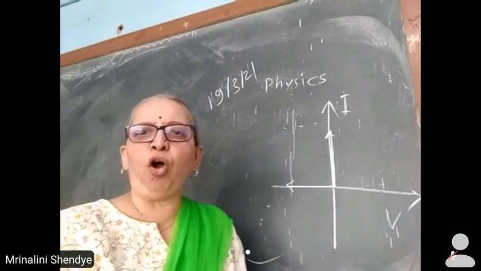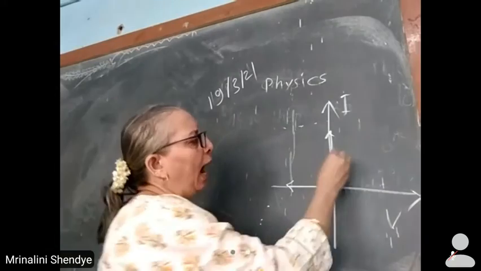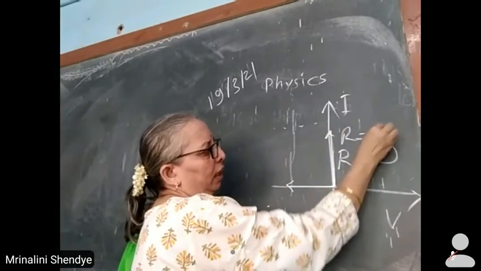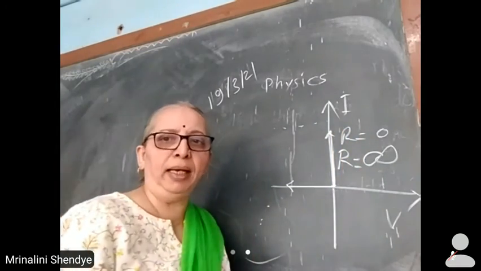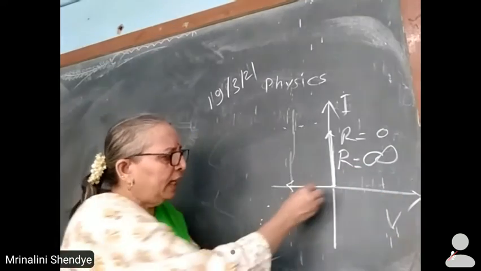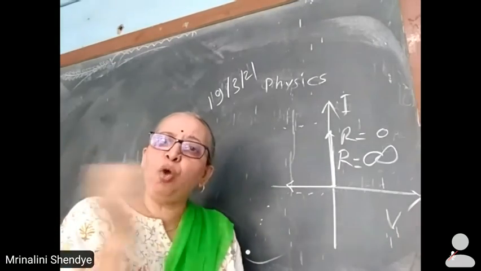An ideal diode offers zero resistance in forward bias and infinite resistance in reverse bias. Being infinite resistance, if you increase the value of voltage, it does not permit current to flow through it.